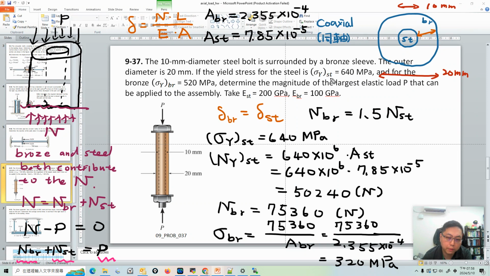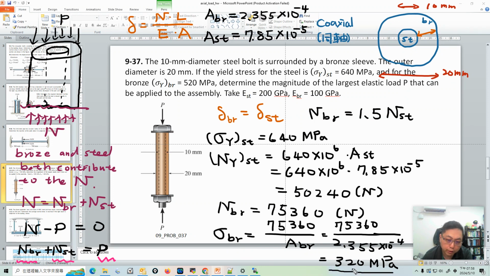So this calculation means that if we try the limit on the steel, because the yield stress is the highest limit for steel, and the steel reaches its limit, then the normal stress at the bronze part is 320 megapascal.